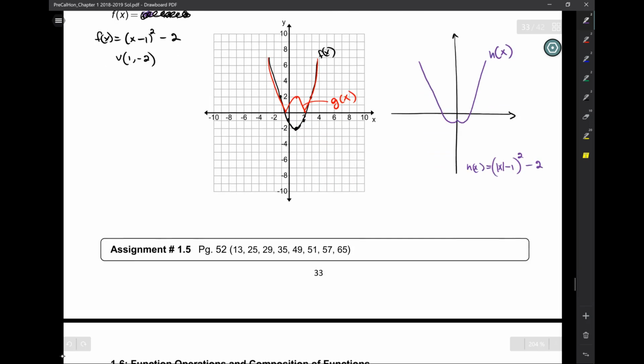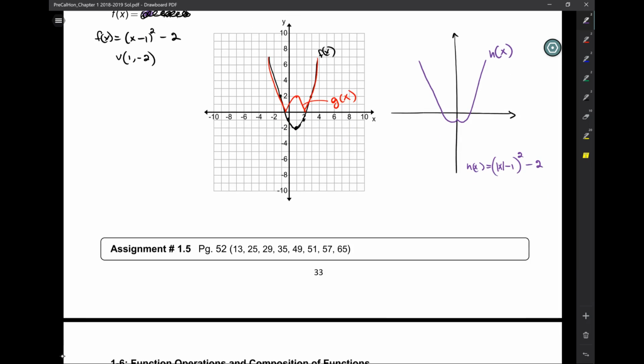What is h of 2 here? H of 2 is 2 minus 1 squared minus 2, so -1. But what's h of -2? You try to put -2 in here, can you? It'll immediately change it to +2, and then it'll give you the same value as it did for the 2. So it'll also be -1.